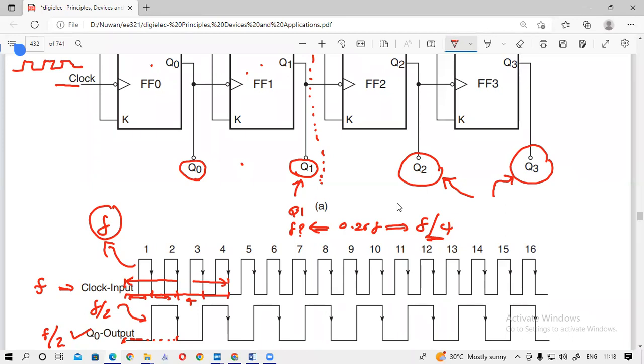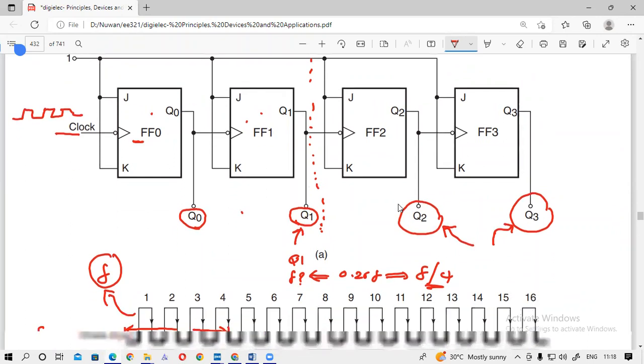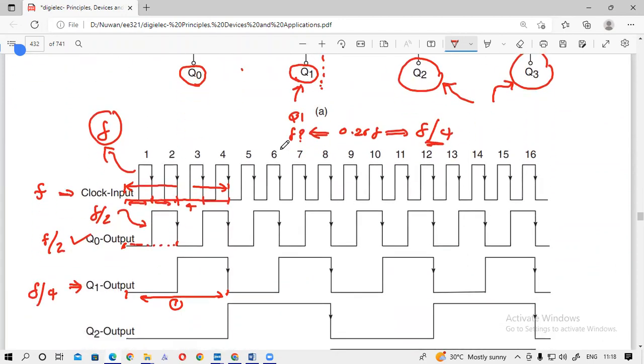The only difference is for these flip-flops. For the first flip-flop, the input clock is the real clock pulse. But for the second one, the input clock signal will be the Q0 output.